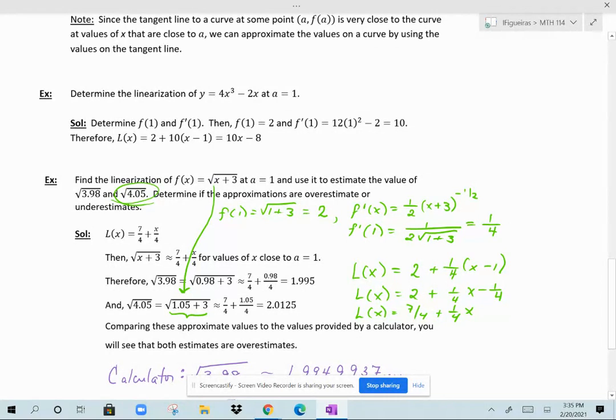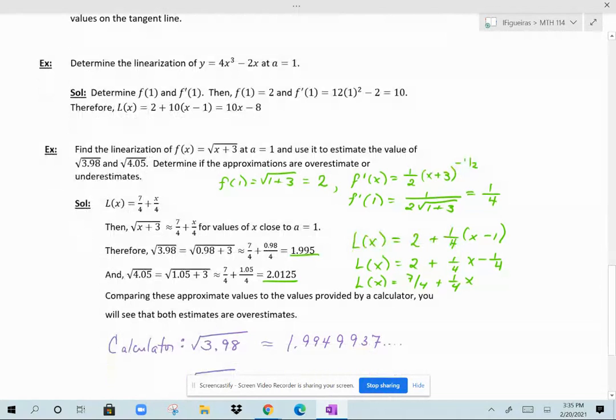If I do the same thing to approximate 4.05, that means that my x must be 1.05 because 1.05 plus 3 is 4.05. So if I plug in 1.05 into my line, my linearization, and compute that, you get that the approximate value of square root of 4.05 is 2.0125. So now we have two approximations, and we're going to compare it.